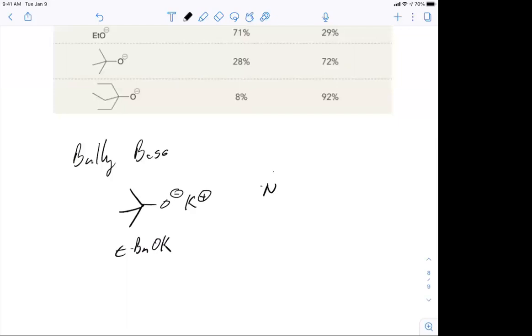You'll also see diisopropylamine. Got the lone pair, the base, and then triethylamine.